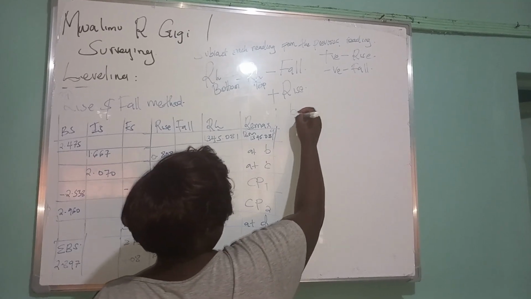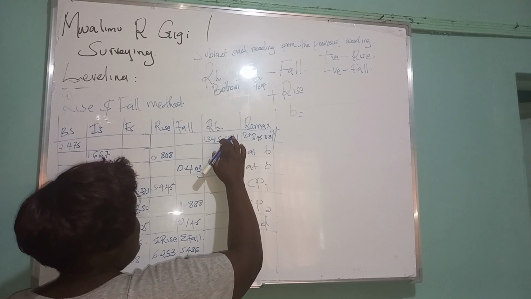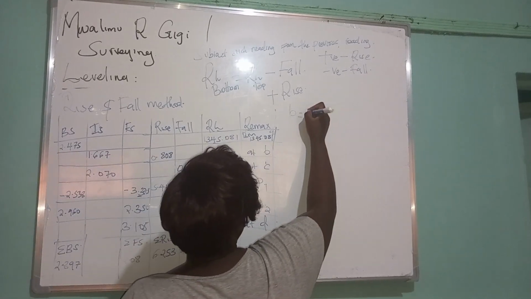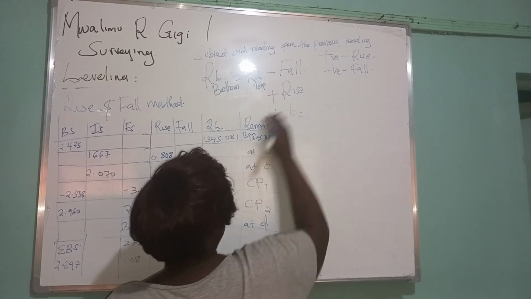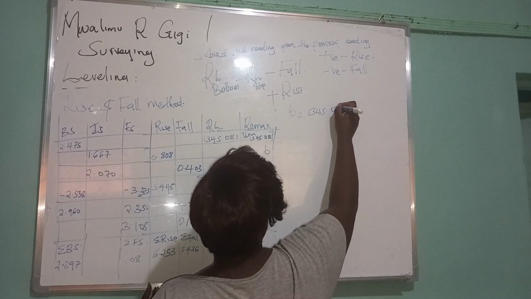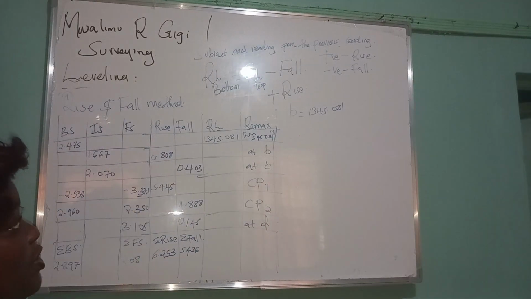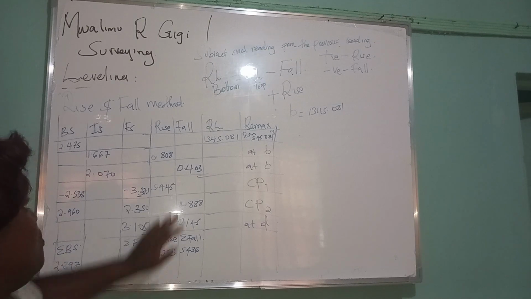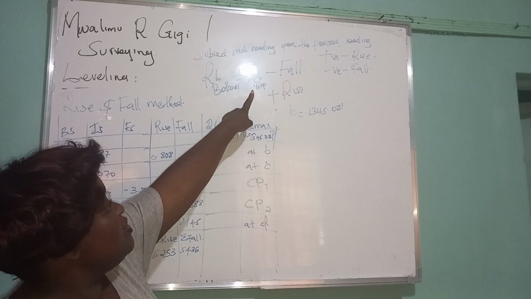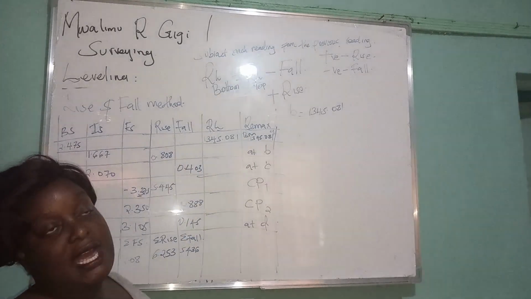At point B, we have the reduced level at the top, which is 1345.081, and we have a rise of 0.808. So the reduced level at the bottom is equal to the reduced level at the top plus rise or minus fall.